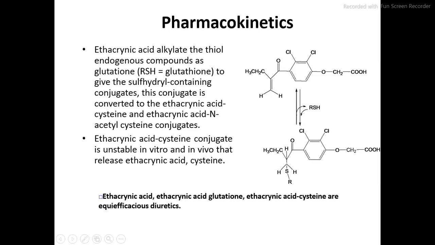The optimal diuretic activity is observed when, these are the SAR points of this amiloride, the sixth position is substituted with chlorine. We have a chloride group at the sixth position of this amiloride.